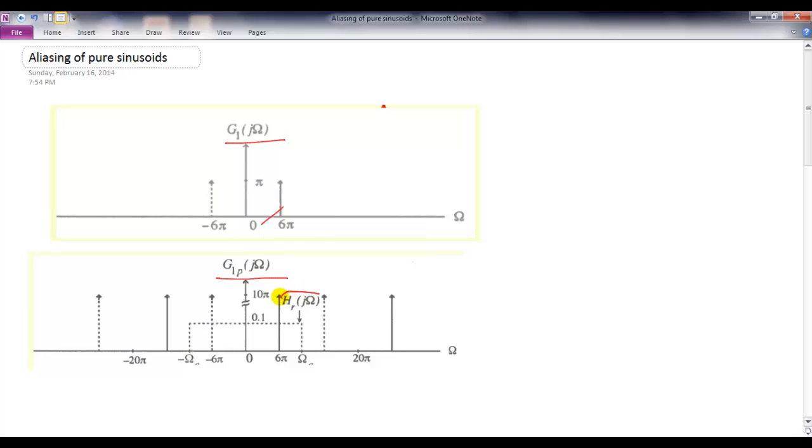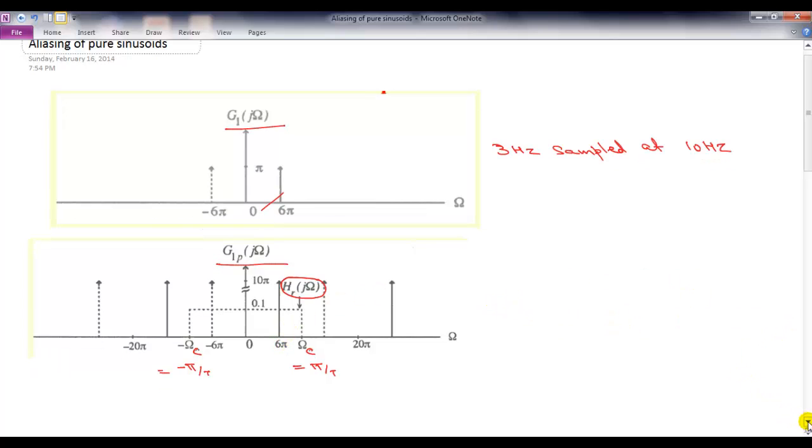You simply do a low-pass filter. This is the first case, where 3 hertz sampled at 10 hertz satisfies the Nyquist criterion. There is nothing wrong with it. When I low-pass filter it, with omega_c effectively at pi by T and minus pi by T, everything is fine. I recover exactly the same frequency.